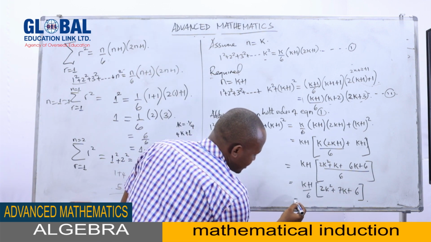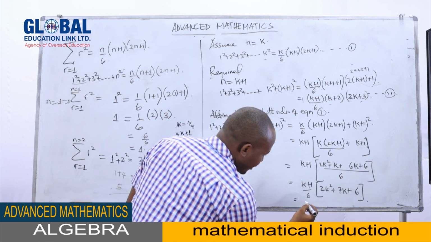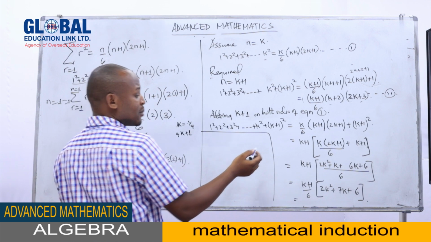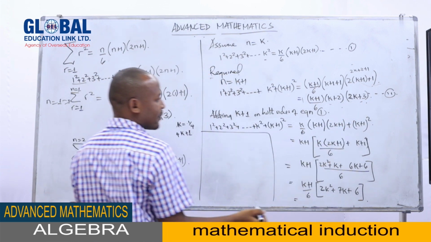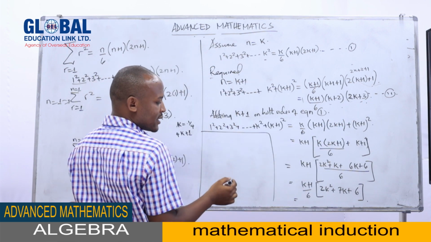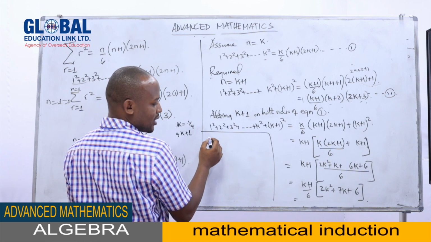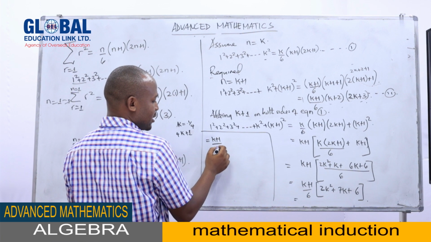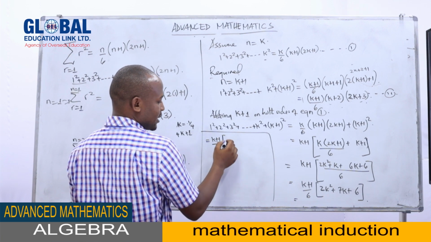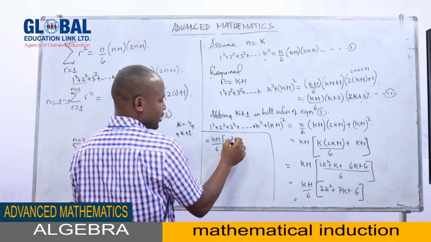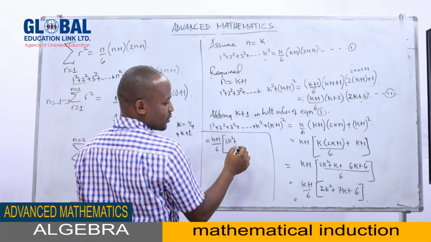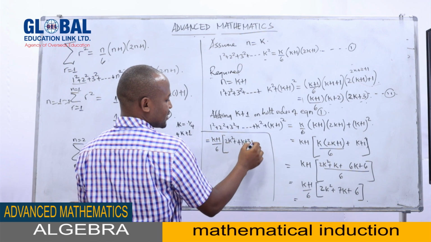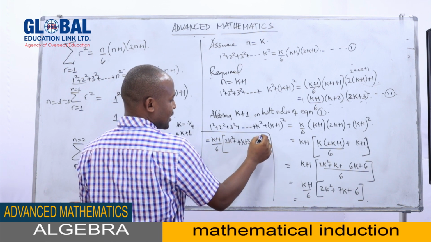Remember, we are supposed to get what is required. That is to say, we have k plus 1 over 6 times 2k squared plus 4k plus 3k plus 6.